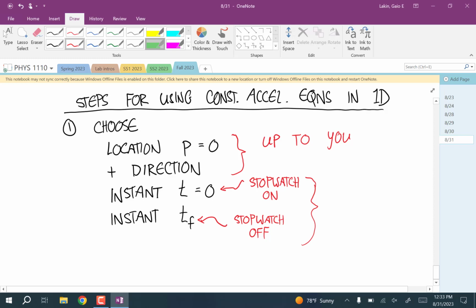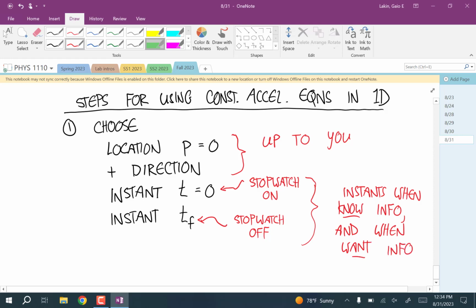And if you choose wrong, then you won't be able to solve the problem. So the way you choose these instants is, you have to choose instants when you know information and when you want information.